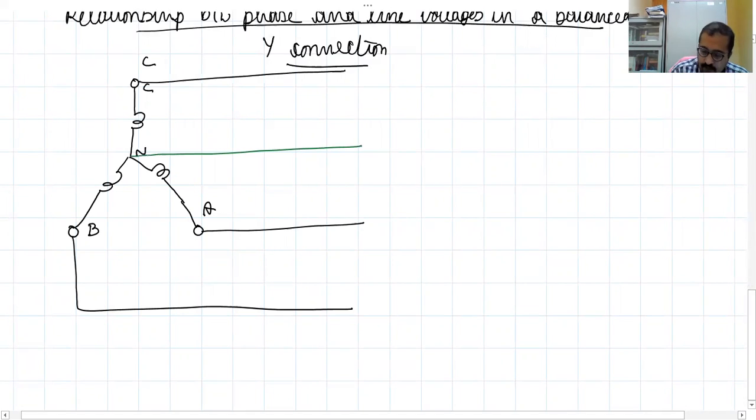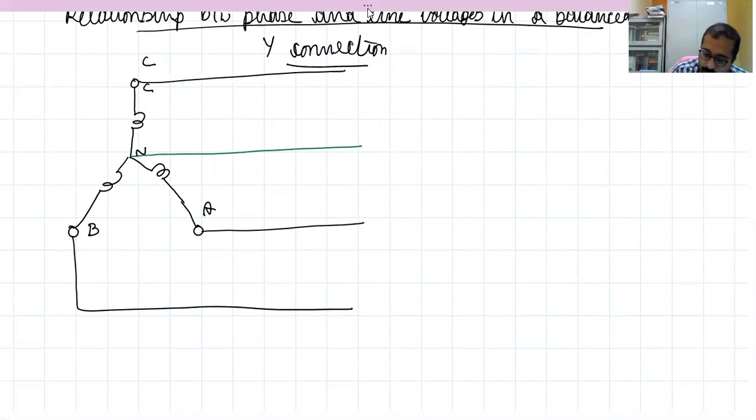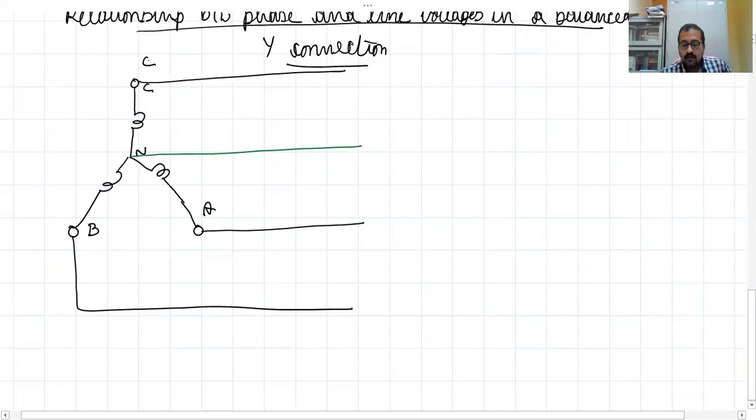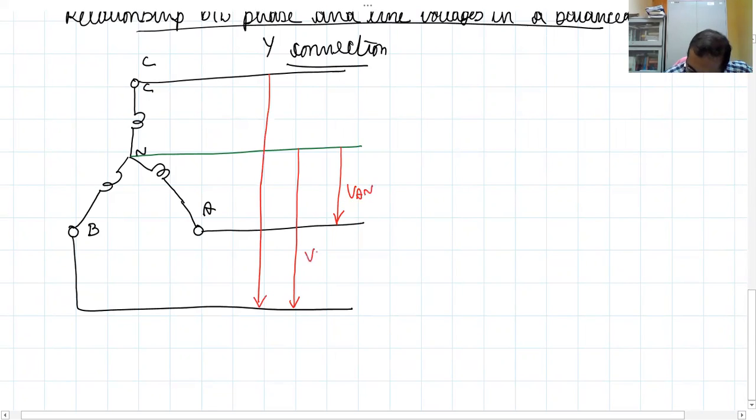VAN is the phase voltage, then VBN is the phase voltage, and VCN is the third phase voltage. So this is VAN, VBN, and this is VCN. Okay, these are the phase voltages. Now let me mark the line voltage AB.